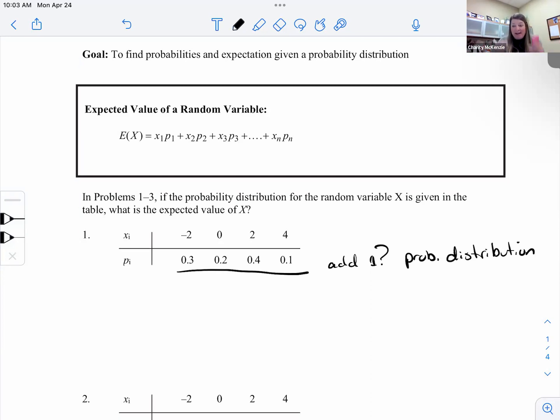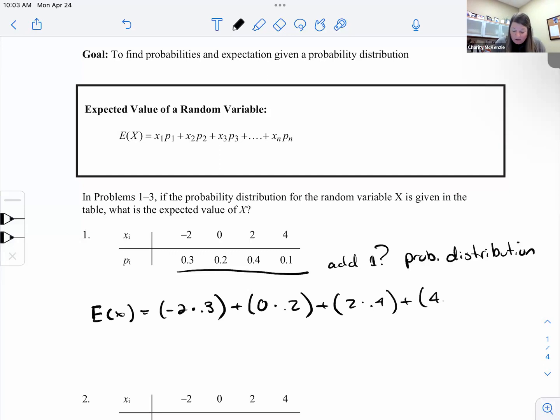So the expected value is timesing each of these together. I will write it out on this first one. The expected value will be -2 times the probability of that -2, plus the second one, 0 times the probability of 0.2, plus $2 times the probability of 0.4, plus 4 times the 0.1.